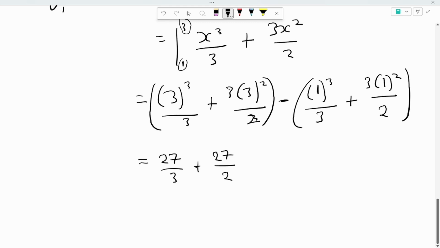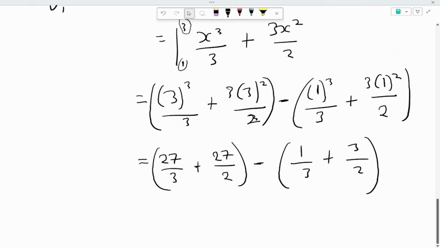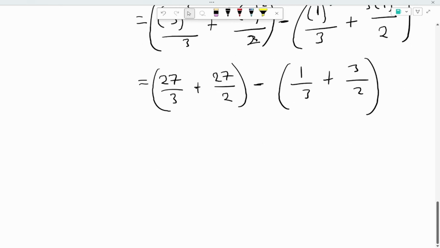If you are not too strong in manipulating signs, please remain in the bracket. And you open this again: 1 raised to power 3 is 1 all over 3, plus 1 raised to power 2 is 1, times 3 is 3 all over 2. Remain there. So it's becoming much simpler.